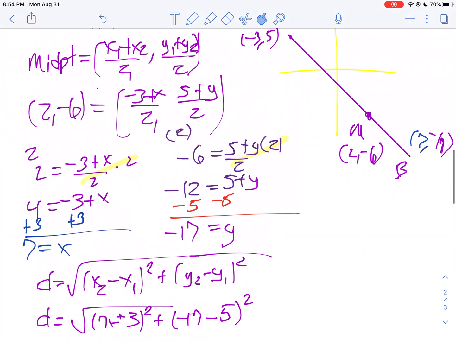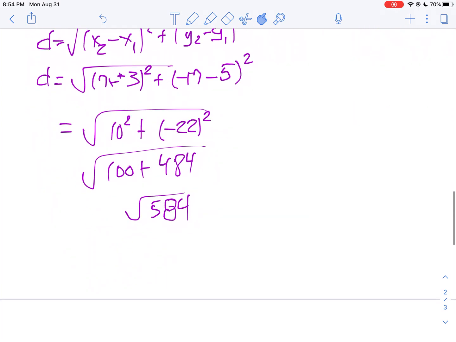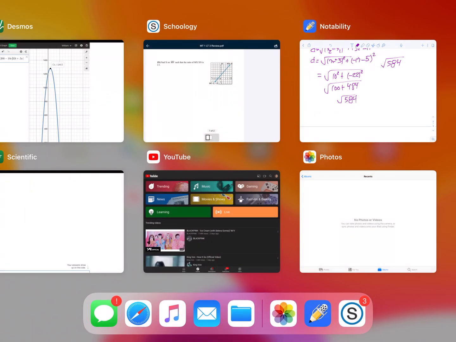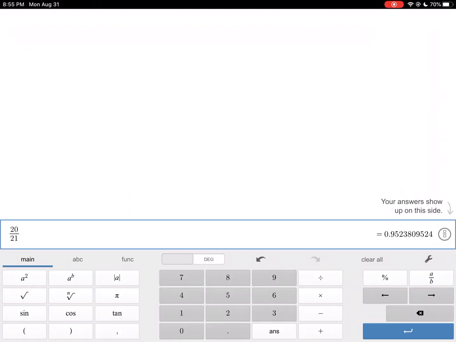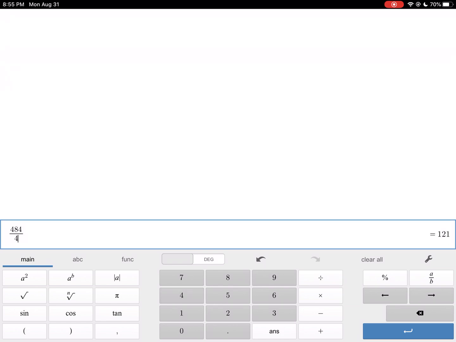Now let's look at the directions. They didn't tell us how to do this problem, so I'm going to see if I can simplify this. 584. I'm thinking 4 goes into 584. Let's use a calculator and find that. If I take 484 and I divide that by 4, I get 121.